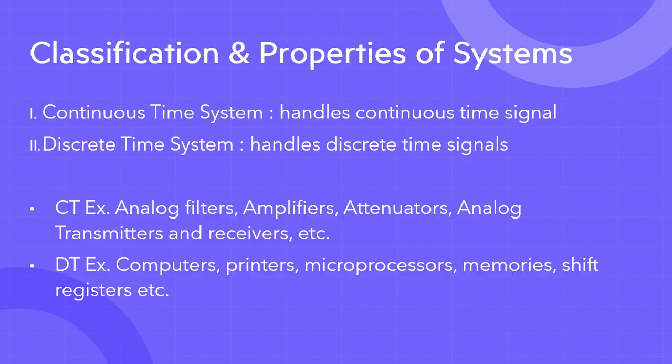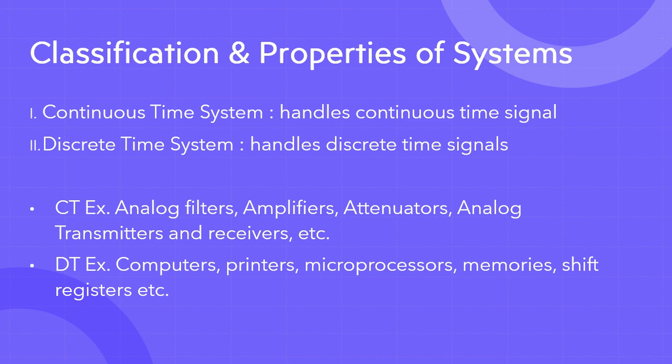Then let's come to the classification and properties of systems. Firstly, discussing the classification. Basically there are two types of systems. One is called continuous time systems and another one is called discrete time systems. It is very basic if you understand what a continuous time signal is and what a discrete time signal is.